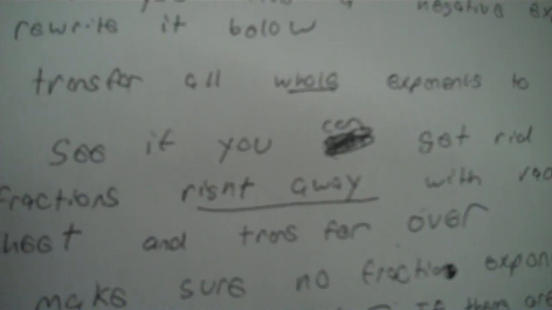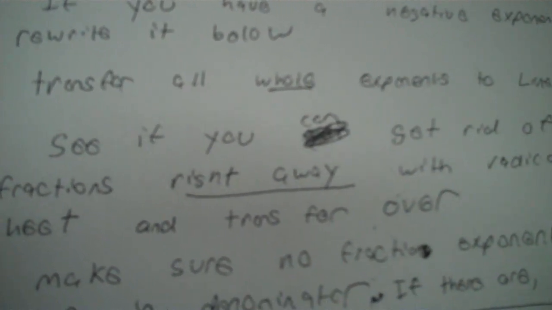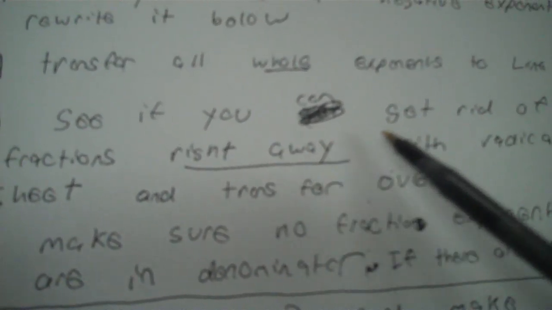Okay, transfer all whole exponents to line 2. Right now I don't have any, well actually 1 is, okay? It doesn't even have a power, but it can transfer over. That one can, it's a fraction. Got to see if we can do something about that. See if you can get rid of fractions right away with the radical sheet and transfer over. So we're looking at the 4th root of 625. Oh, it's there, it's 5. So that's gone, and then 5 to the 3rd transfers over.